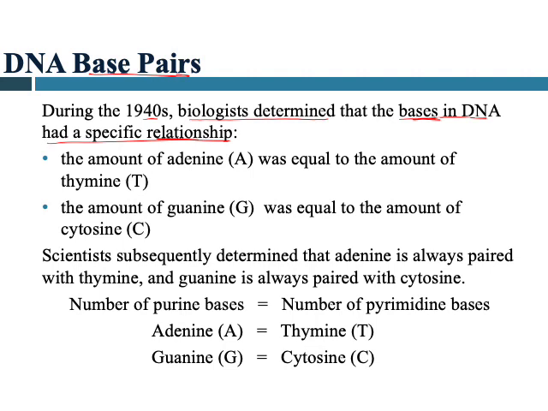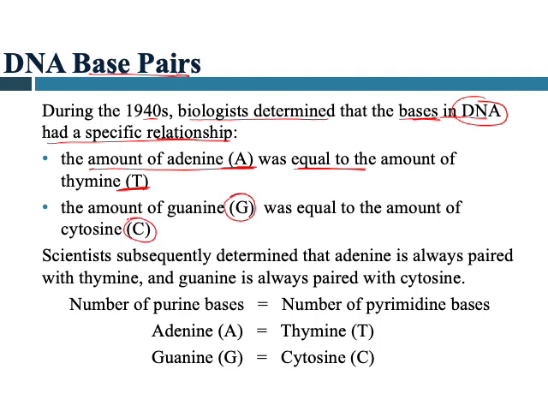What does it mean? They found out that the amount of adenine was equal to the amount of thymine in the DNA. If you have a DNA molecule with two adenine molecules, that means you should have two thymine molecules also. They have to be equal. And the amount of guanine is always equal to the amount of cytosine.